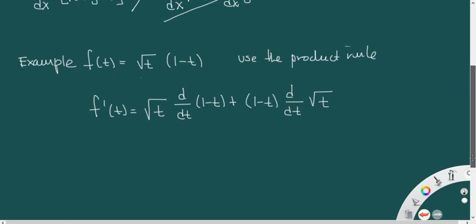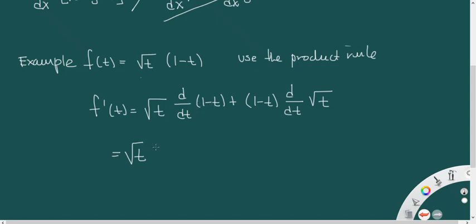Okay, let's do the calculations. Then the first function is going to be the same, square root of t. The derivative of 1 minus t: this is a constant value, so we can take it out of the calculation. This is 1 times the derivative of minus t.